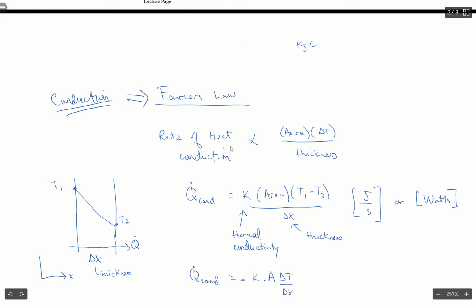Because they're proportional, there is a proportionality constant, which we call the thermal conductivity, K. K is the thermal conductivity.